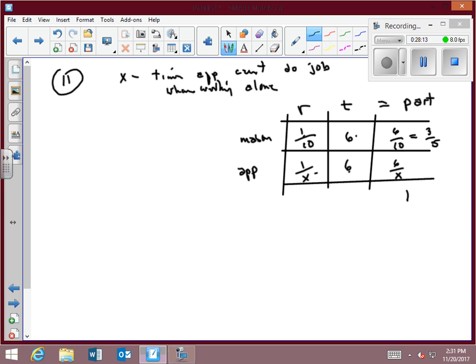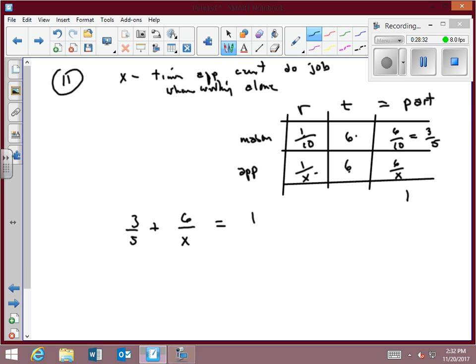So you have the 3/5 plus 6 over x is going to get the job. You think you could set it up?